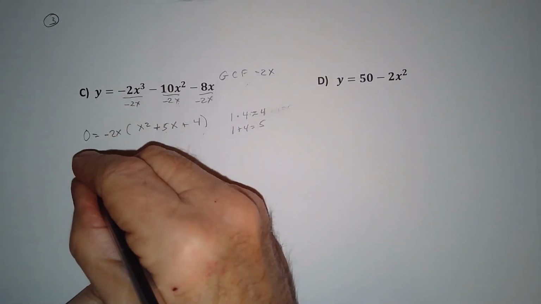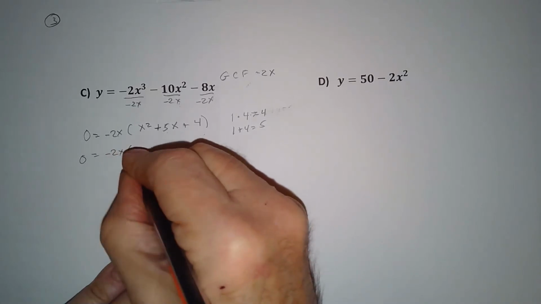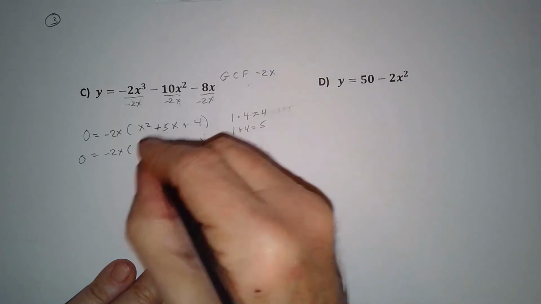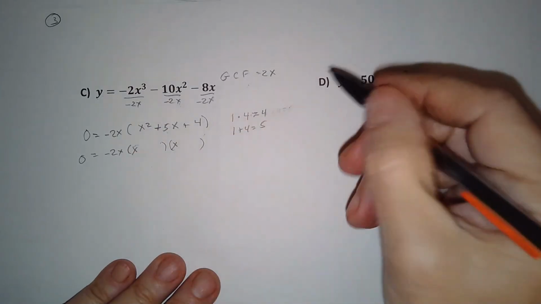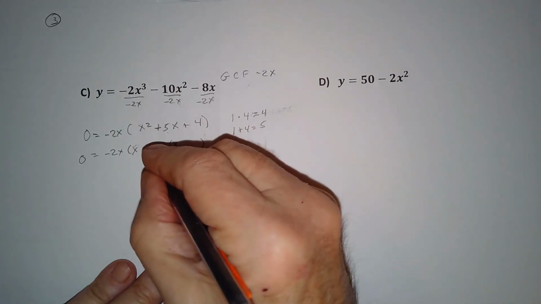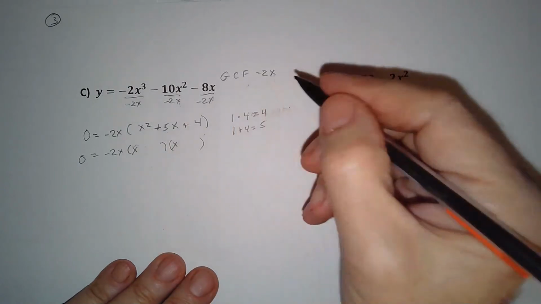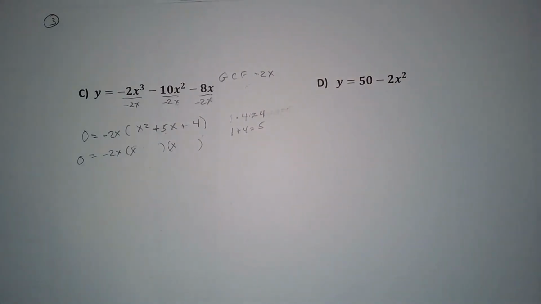So let's rewrite this now. 0 equals -2x times double bubble. x squared is x times x, so that goes in as the first term. And then I have x plus 1 and x plus 4.